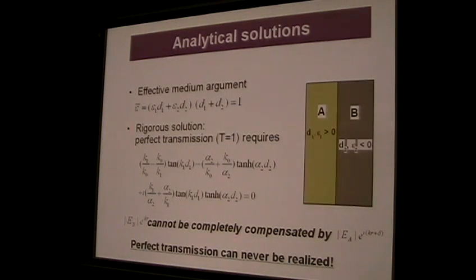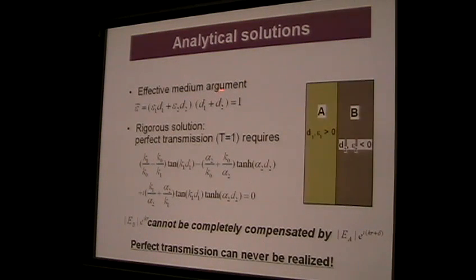Now before going into details, again we think about this problem analytically. Suppose you have a B layer which has a negative epsilon. Certainly, it only supports evanescent waves, so the B layer is opaque for photons. Now imagine if you attach an A layer on the front of this layer.